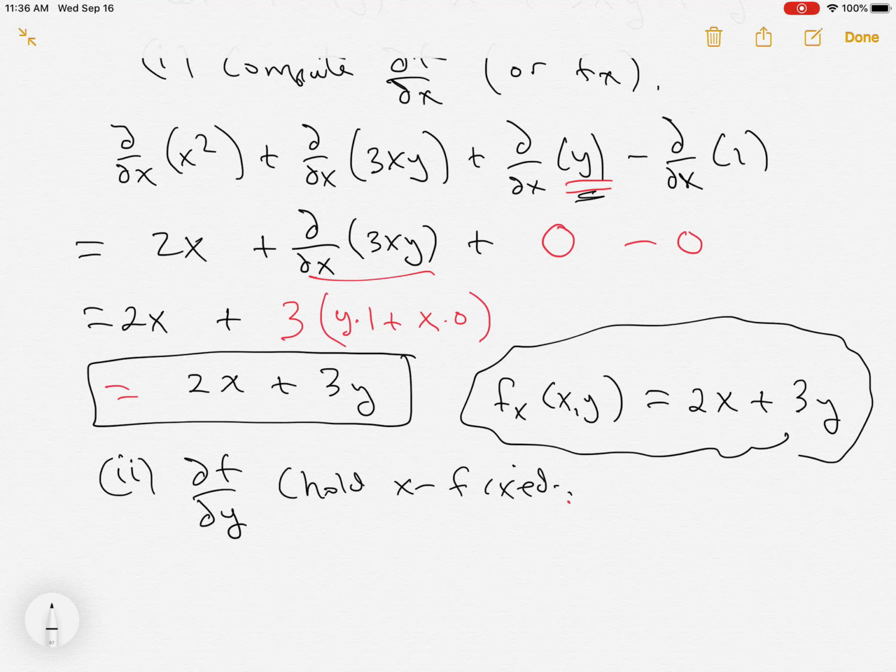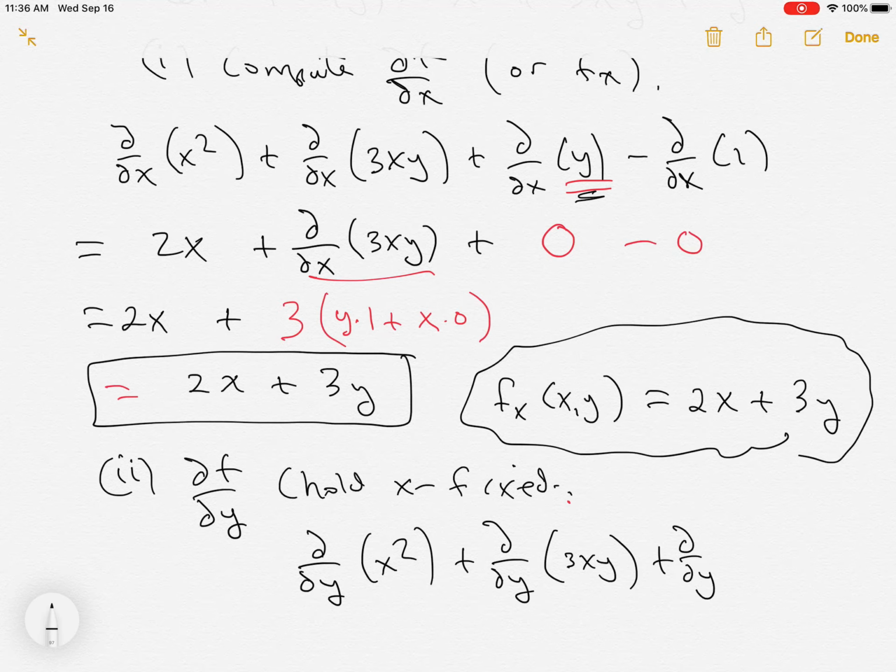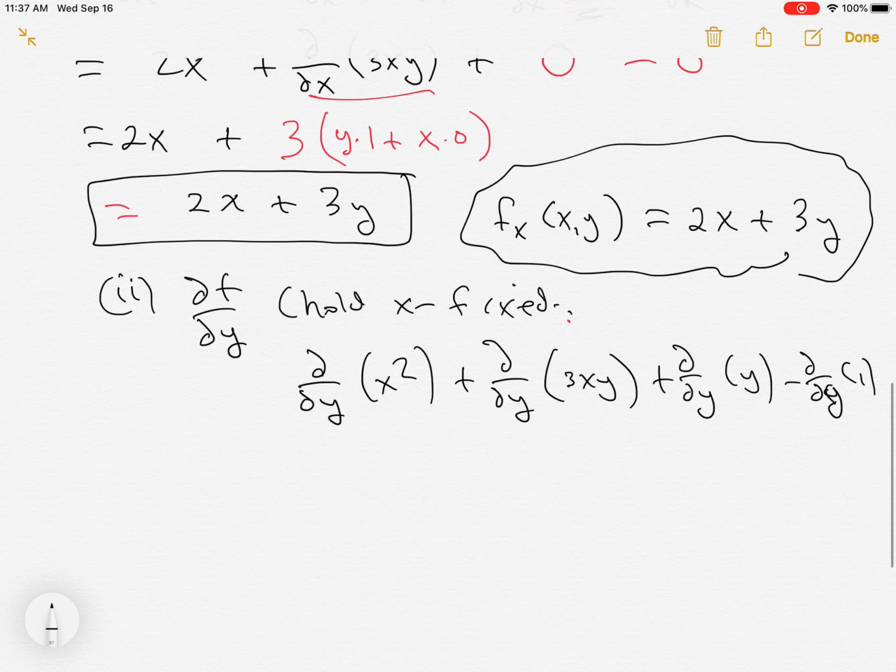So now we're doing df dy. Running through all the steps, we go the derivative with respect to y of x squared plus the derivative with respect to y of 3xy plus the derivative with respect to y of y minus the derivative with respect to y of 1.